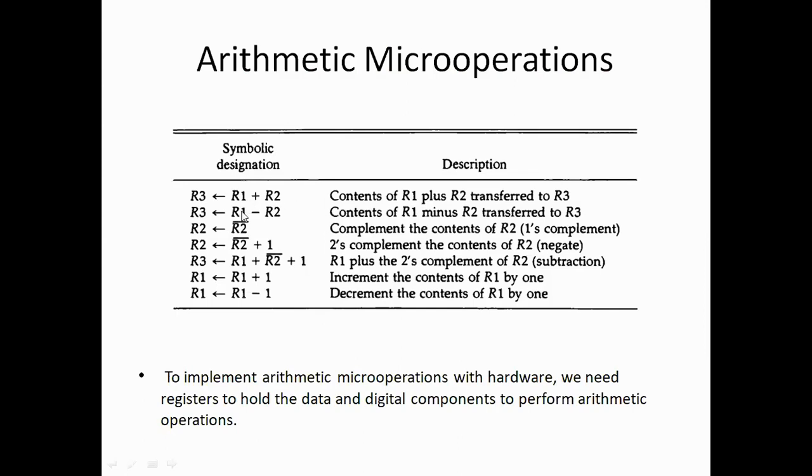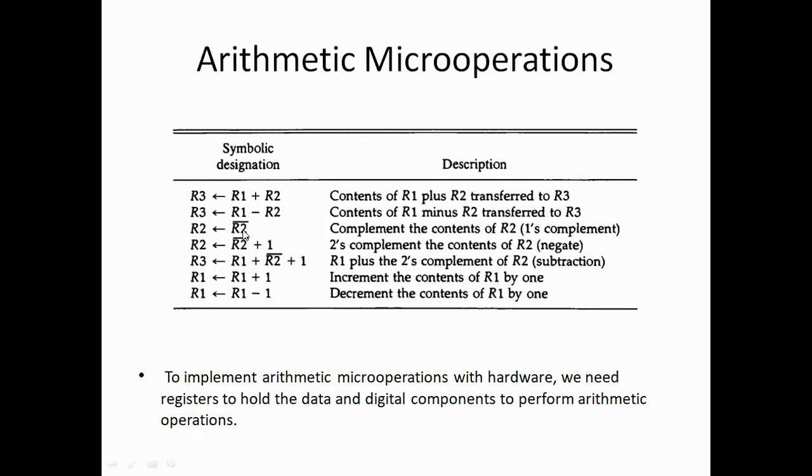For example, I have to add the contents of two registers and store the answer in a third register. So this will be the symbolic representation, which means contents of R1 are added to the contents of R2 and the result is stored or transferred to R3. In the same way, this is the subtraction operation.